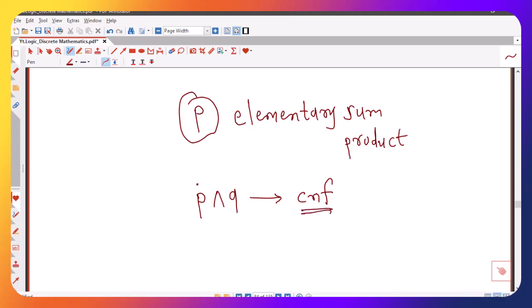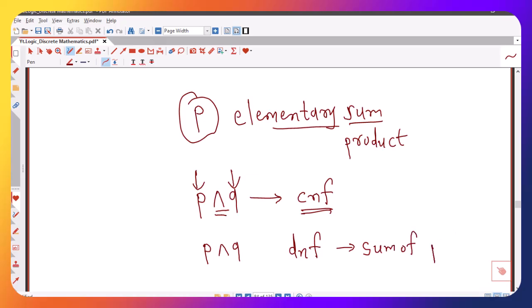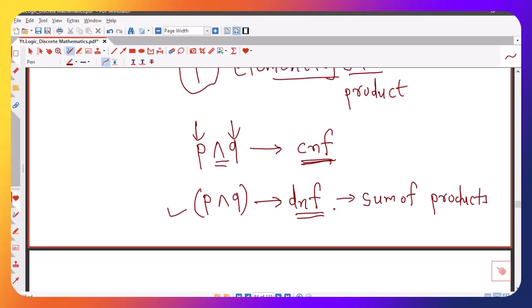I can consider P and Q as elementary sums, and because I have AND operator, I can consider this as conjunctive normal form, and I can consider this as disjunctive normal form also. In disjunctive normal form, we have a sum of elementary products. So we can consider this as one product and we can consider it as a sum of elementary products. So this can be treated as disjunctive normal form as well as conjunctive normal form.